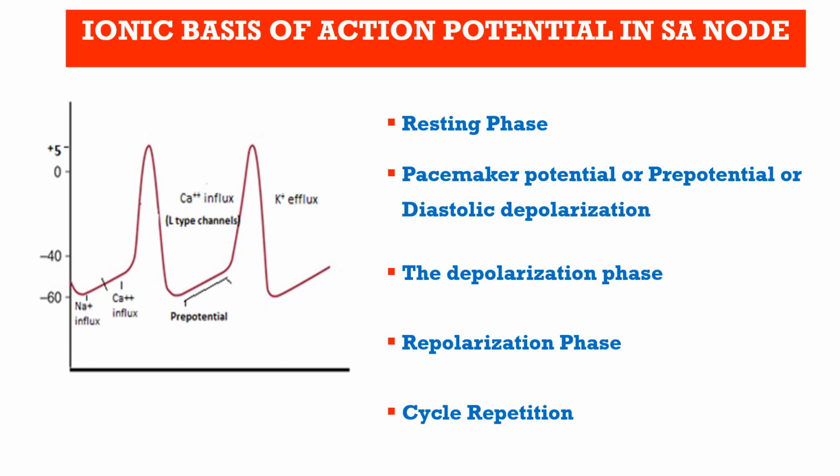Ionic basis of action potential in SA node. Before going into discussion of ionic basis of action potential in the SA node, first we will define what is action potential.